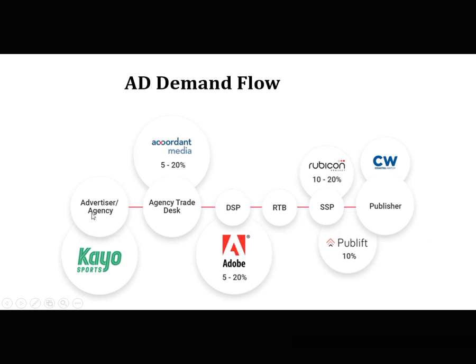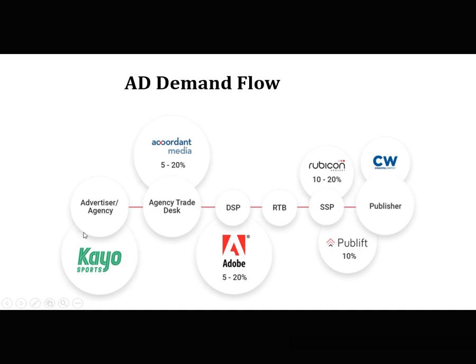So this is the advertiser, this is the ad agency, this is the media, this is the DSP, and this is the advertiser, Adobe. The real time bidding is happening. This is the sell side platform, Rubicon. The agency trade desk is Accordant Media, and the publisher is Coastal Watch, and this is also one of the publishers, Publift.